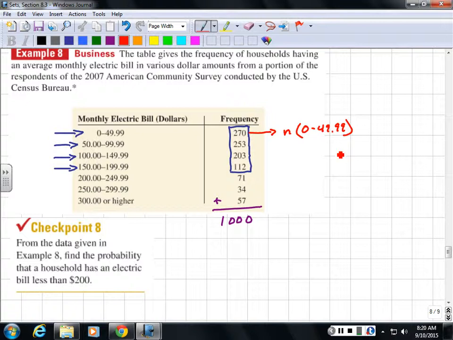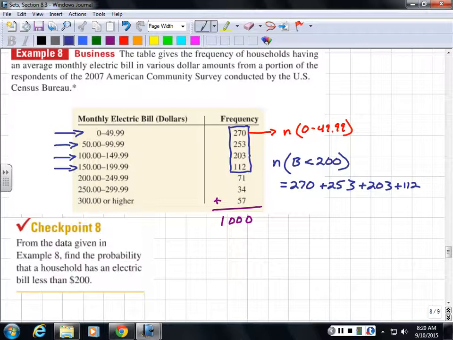Okay? So 270 is the number in that set from 0 to 49.99. So I need all 4 of those things to get this, because this is what I'm looking for. The number that the utility bill or electric bill is less than 200, which means that it's going to be equal to 270 plus 253 plus 203 plus 112. Okay, add those together and you will come up with 838.